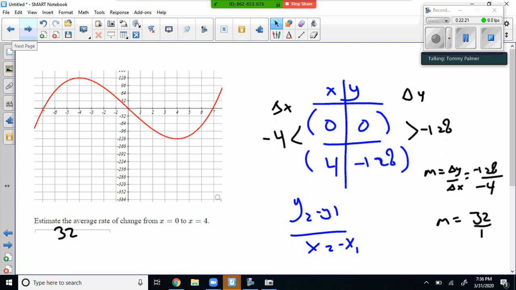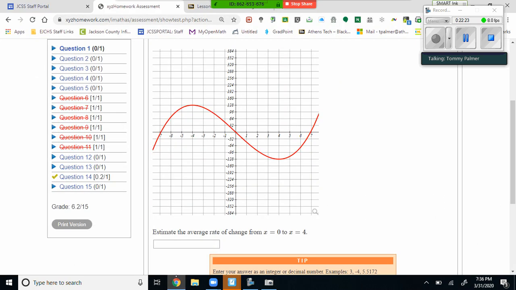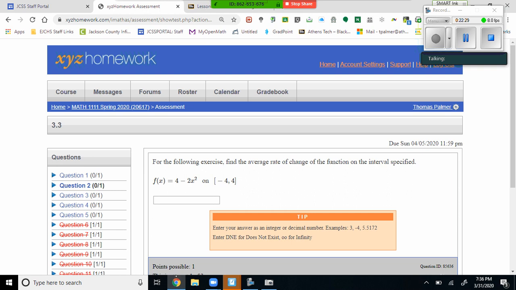The other way that they can do it, and that's from this question, it's question number 2, is they can pull it from an equation.